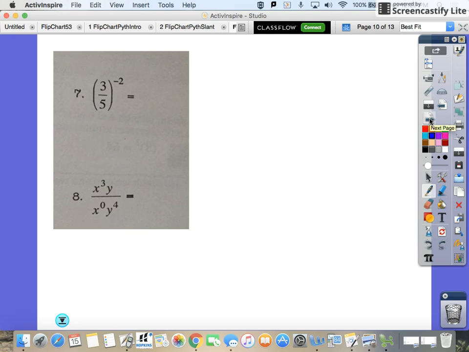And then the last 2 examples are one with a negative exponent on the outside of a fraction. So what we would do in this case is distribute that power again to both pieces, and we'd have 3 to the negative 2 over 5 to the negative 2. And because they're negative exponents, to deal with that, what we do is move it and make it positive. So it would become 5 to the positive 2 in the numerator, and 3 to the positive 2 or squared in the denominator.